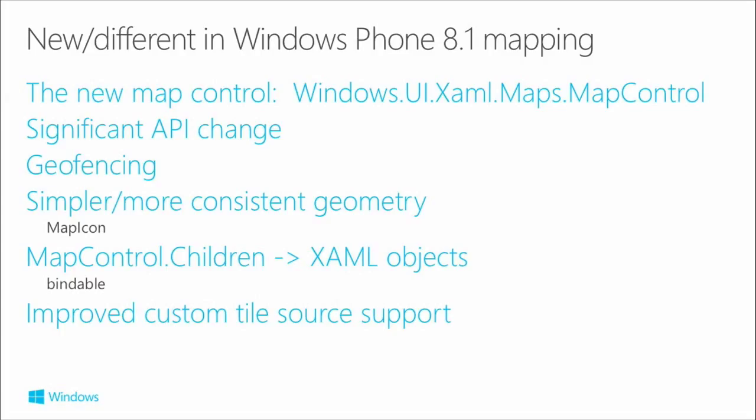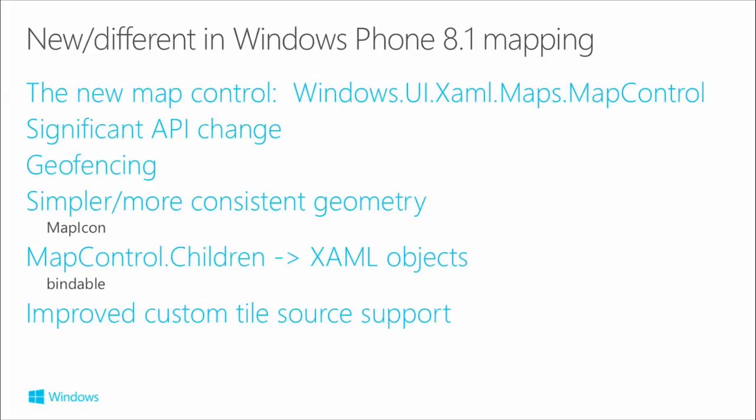We'll get into the map icon, which, instead of drawing on top of the map in a heavy XAML sort of way, is integrated with the native mapping render control, so it gives us a lot cleaner, a lot faster experience. But we can still use XAML objects, and we can put them into our MapControl.Children, which makes them bindable.